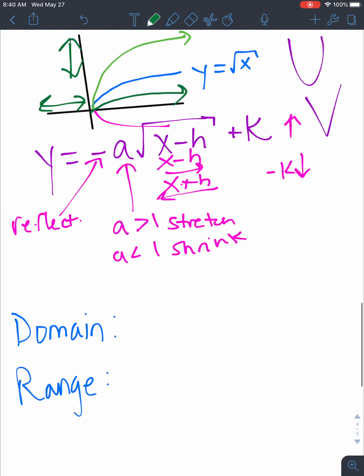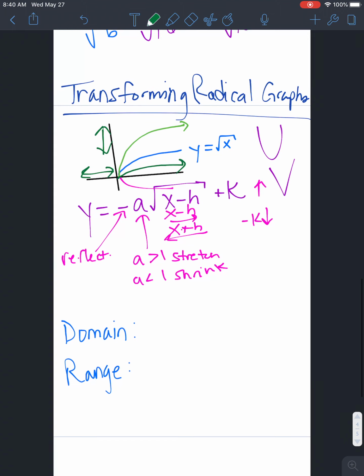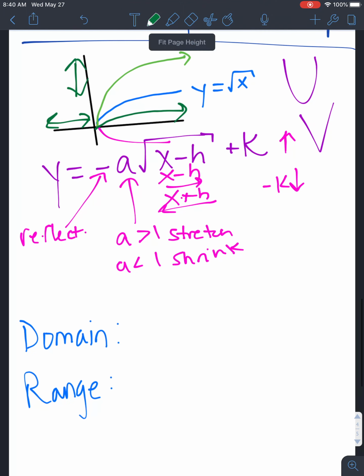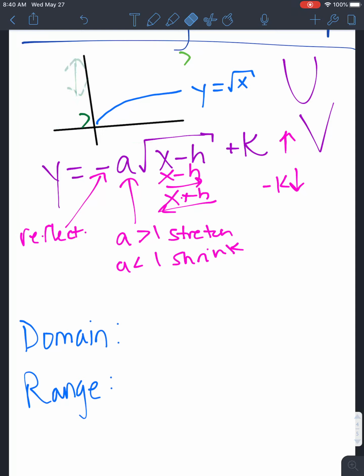Now the big takeaways from here are your domain and range. So you see in our graph, I'm going to go ahead and take off the extras that we just drew in. Okay, so in our basic form of our graph, the restrictions on our domain are that we have a square root function.